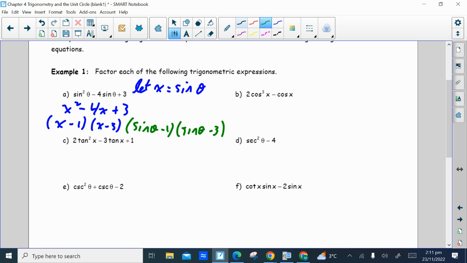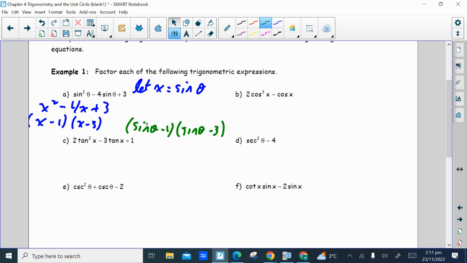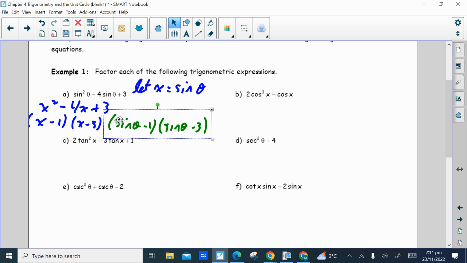And you can always check those by multiplying them out. Sine theta times sine theta gives you your sine squared theta. Remember, sine squared theta means the sine of theta all squared.